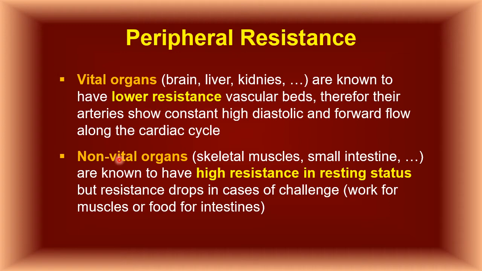The second condition is the non-vital organs. Non-vital organs, like mentioned earlier, skeletal muscles, intestine, and other parts of the body. We can live without them. Yes, we might not have an easy life, but still we are alive. And what happens in these non-vital organs?